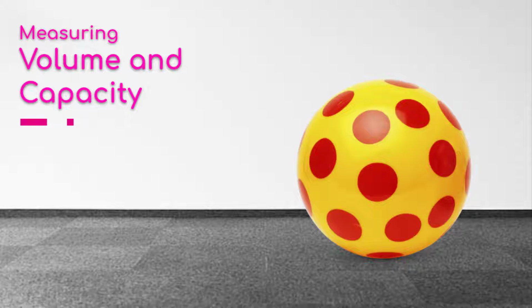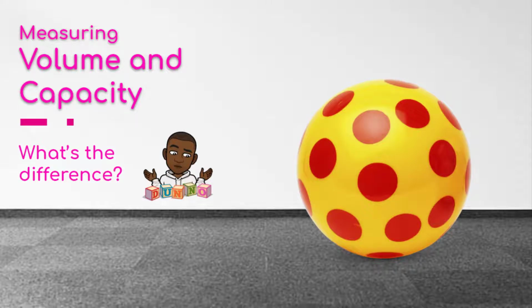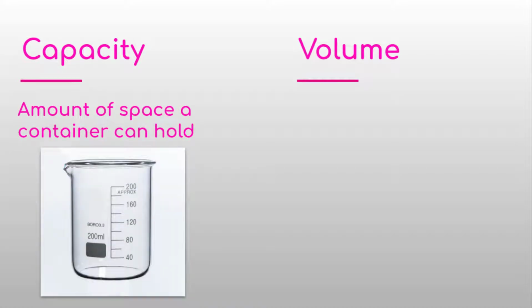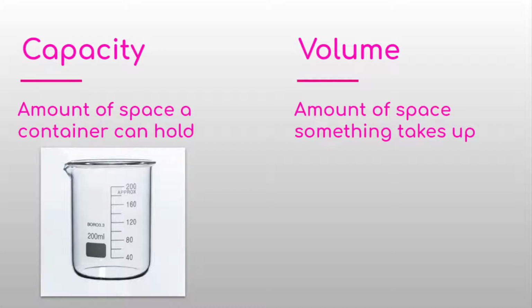But here is the question that we have to ask. What is the difference between capacity and volume? Capacity tells us the amount that something can hold. For example, this container has a capacity of 200 milliliters because it can hold up to 200 milliliters of liquid. On the other hand, volume is the amount of space that something takes up.